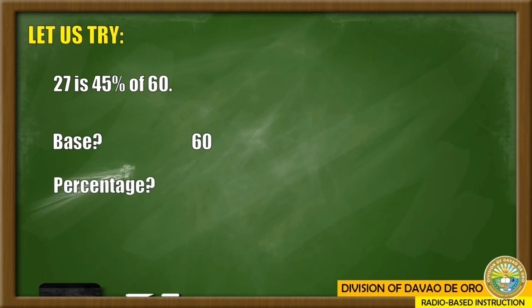The part of a whole or the smallest number. Very good. 27. And what is our rate? Very good. 45%. So, we applied our tips because our rate is not more than 100%. Very good.